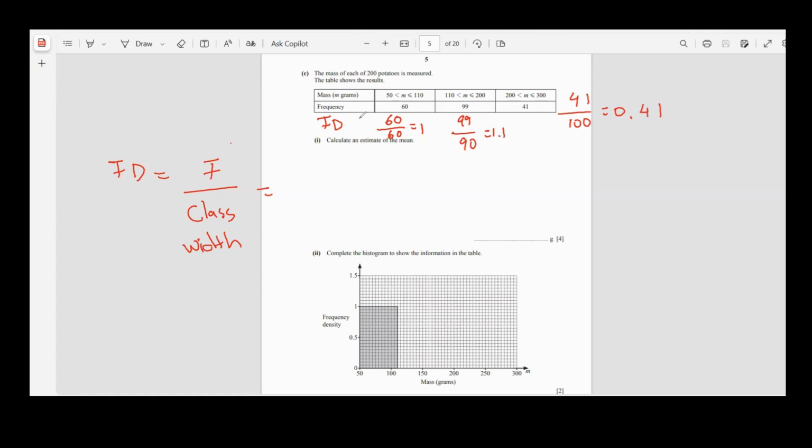Okay, so from 50 until 110, we already got 1. And then for the second one, 110 until 200, it is 1.1, so it's around here. So here, if we try to the 200, this is around like this.